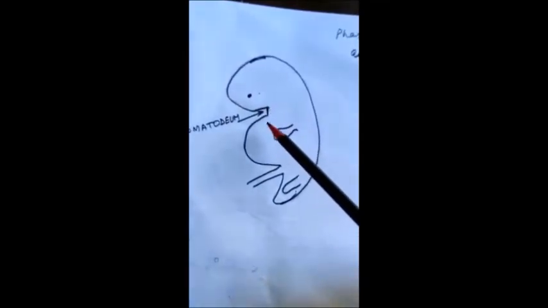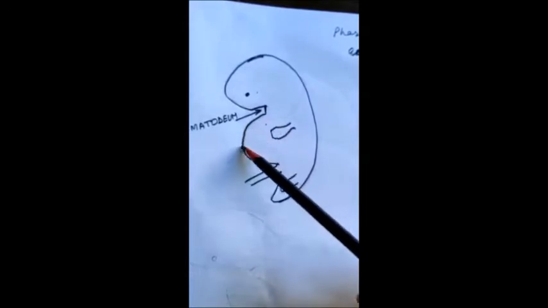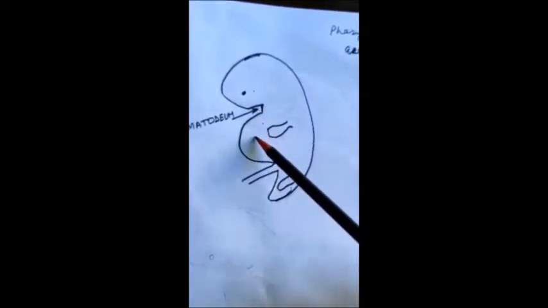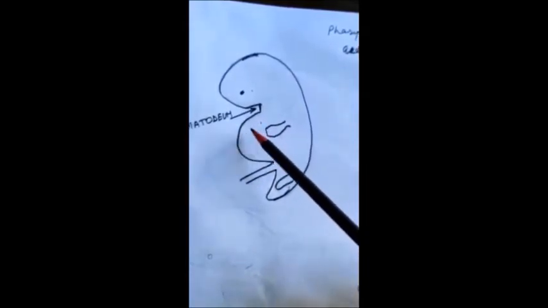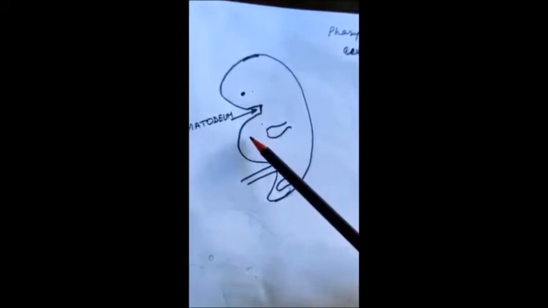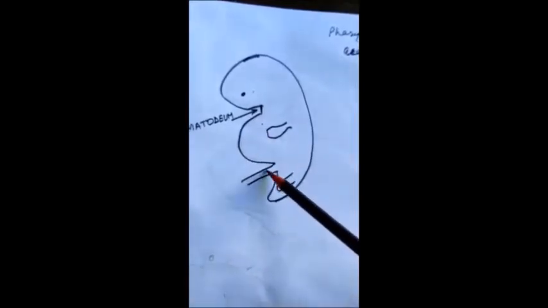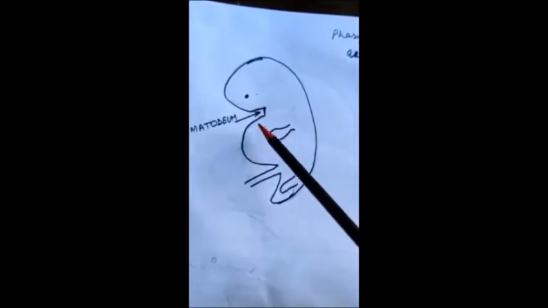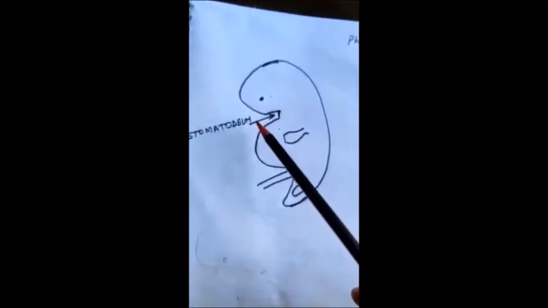Here we have another bulge called the pericardial bulge, formed due to the formation of the heart and the pericardium, and here we can even see the umbilical cord and limb buds. In between the cephalic bulge and the pericardial bulge, there is a space called the stomatodeum, and this represents the future mouth and the oral cavity.